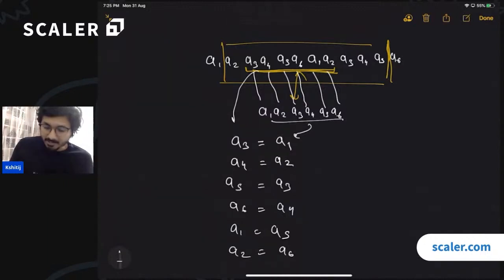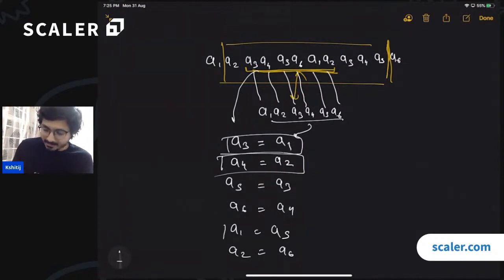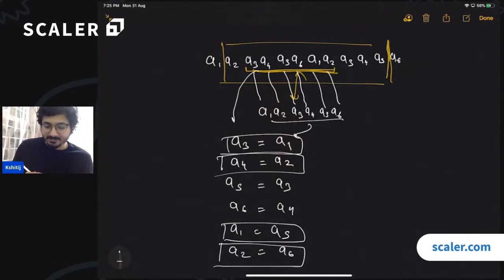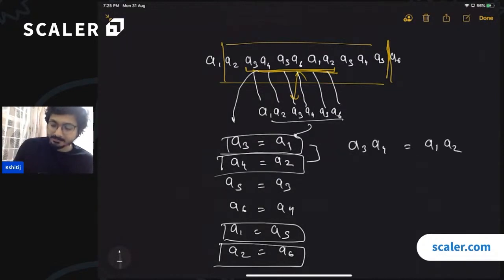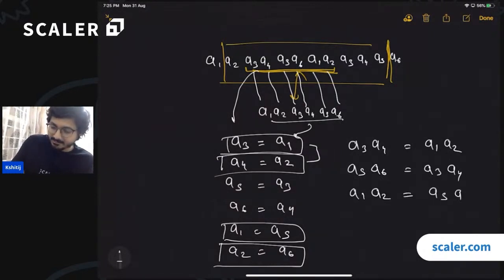Correct? Now I am able to see that A3 is equal to A1, A4 is equal to A2, and A1 is equal to A5, A2 is equal to A6. What does this mean? Let us also join these two. If these equations are correct, then A3, A4 is going to be equal to A1, A2. Similarly, A5, A6 is equal to A3, A4, and A1, A2 is equal to A5, A6.